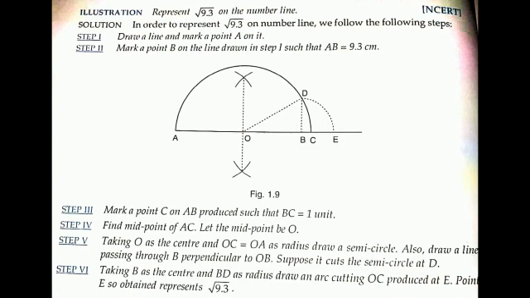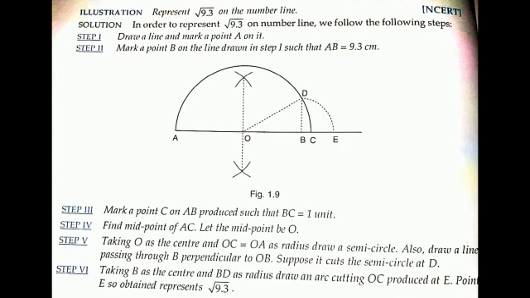Now taking B as center and BD as radius, draw an arc cutting OC produced at E, which is shown here. So point E obtained here represents root under 9.3.